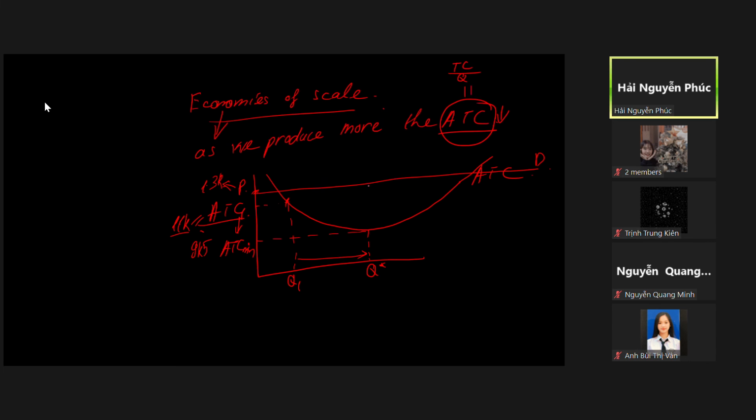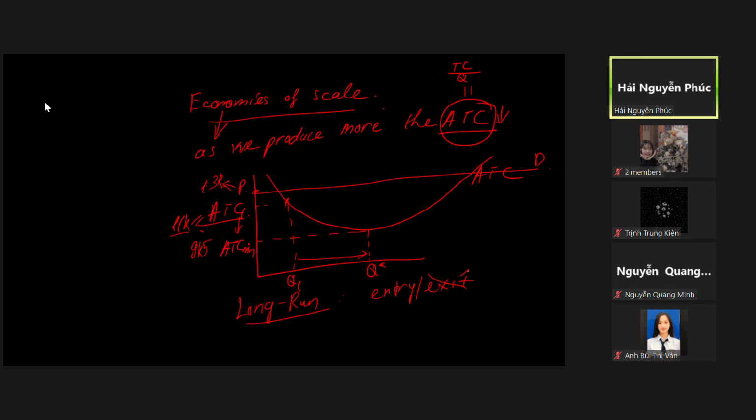Tất nhiên lợi nhuận này họ kiếm được cũng chỉ là trong ngắn hạn. Bởi vì in long run, tức là trong dài hạn, với giả định về thị trường cạnh tranh hoàn hảo, các em biết sẽ có hiện tượng gia nhập và rút lui khỏi thị trường.